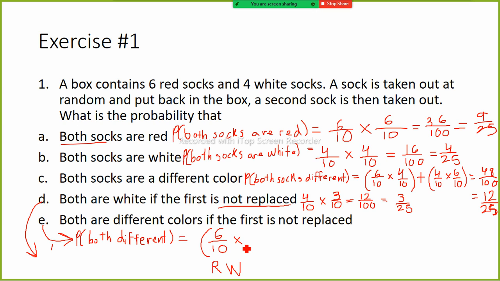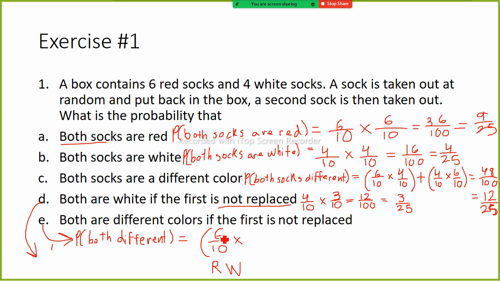6 out of 10? No. 4 out of 10? 3 out of 10? No. 0 out of 10? No. 2? No. All right, think about it. Remember, the first one we got was red.